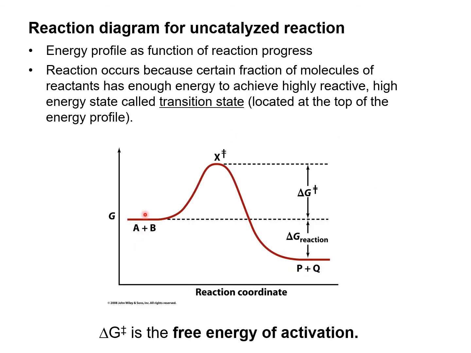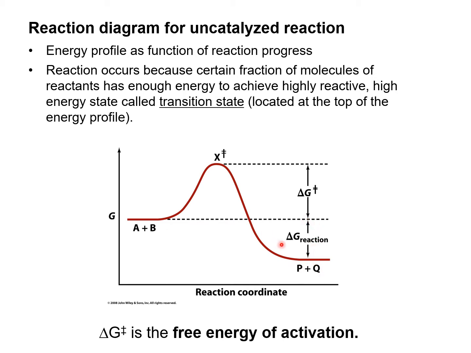This is the reaction diagram for an uncatalyzed reaction, where this red curve shows the energy profile as a function of reaction progress. So A and B are the reactants of the reaction, and P and Q are the products. And obviously you can see there's a delta G, the difference in energy between the reactants and the products, indicated here.